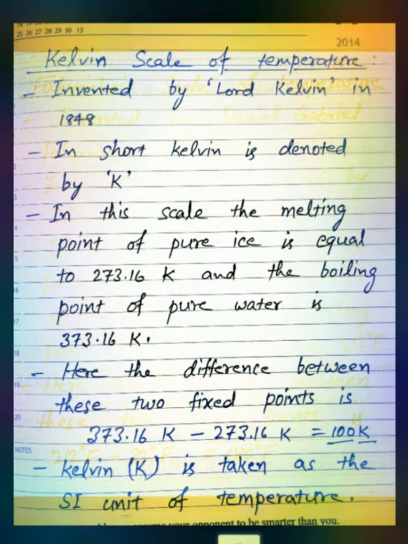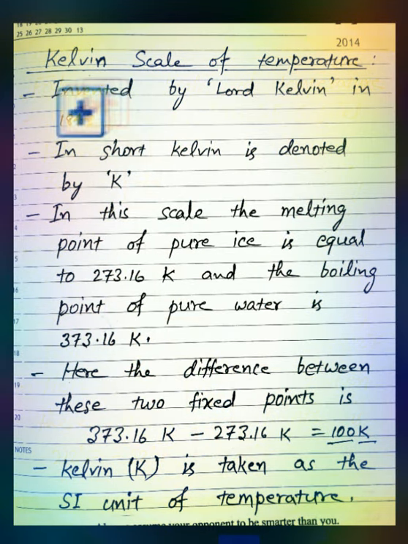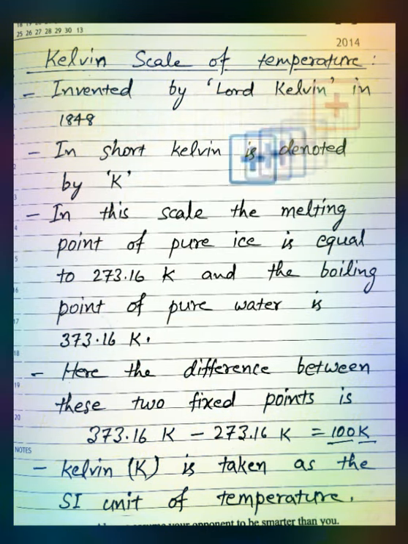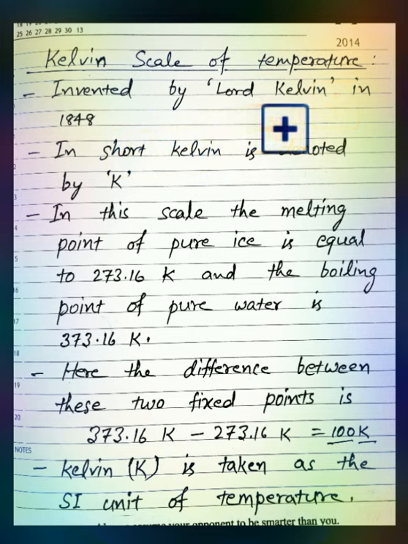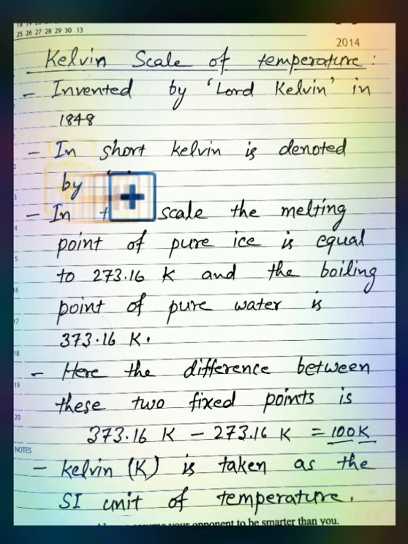Now the Kelvin scale. Kelvin scale of temperature, you can see, invented by Lord Kelvin in 1848. And in short form, it is written as capital K, means degree is not used in this.